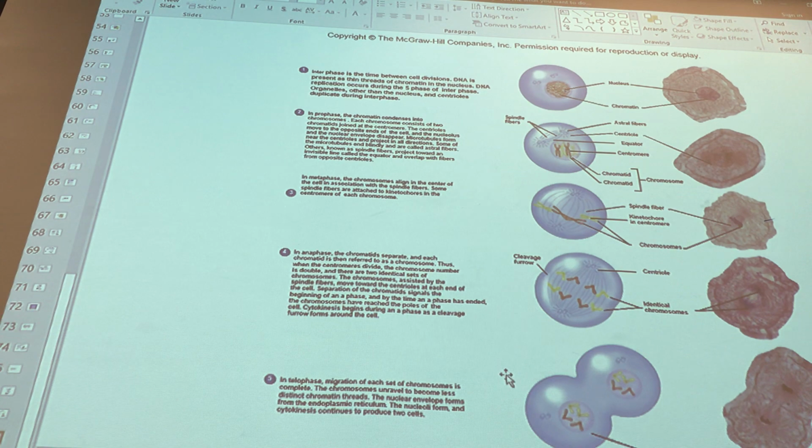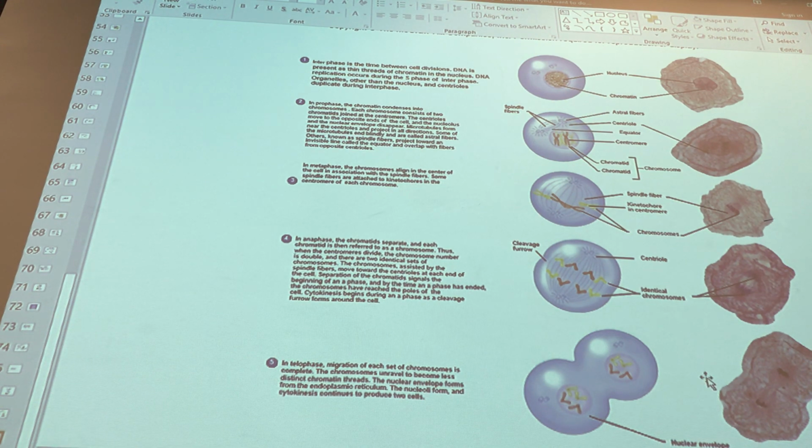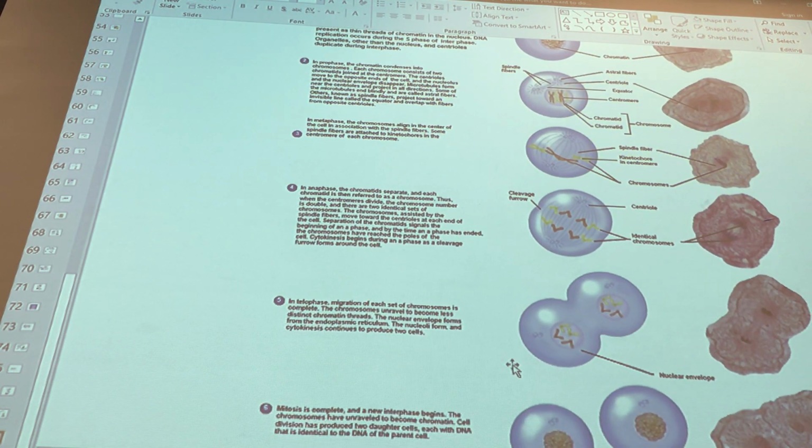And we're going to start to cleave the cell in half. That's the thing with telophase. We start that cleaving, we start forming the nucleus in telophase, right? So new nuclei form on each side. We're going to start pinching the actual cell in half.